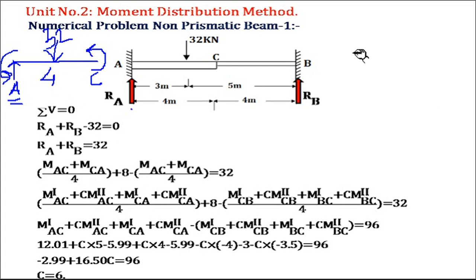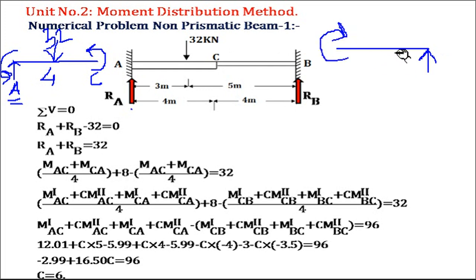Now we will find out the value of reaction at B. So again I will consider the beam CB. Here we will consider the reaction RA. Here there will be no moment, no any load. So the moment in member CB, I will consider it acting in anti-clockwise direction.